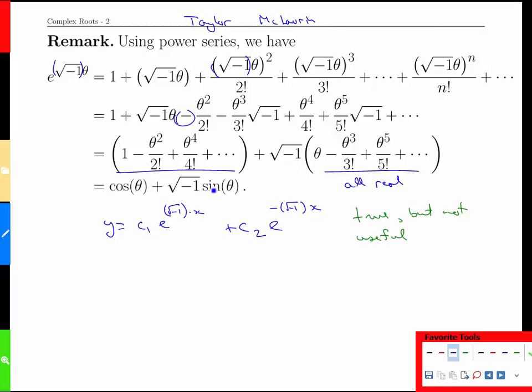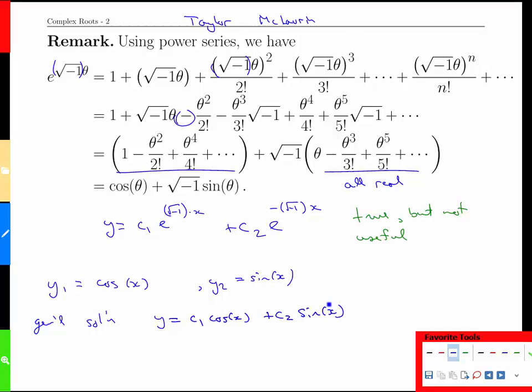Well, if we have a linear combination of two exponentials, it shouldn't come as a huge surprise that we could build our two solutions as, say, the cosine of x, and the second solution being sine of x, with the general solution together being y equals c1 cos of x plus c2 sine of x. Because all we're doing is exchanging the two nasty looking functions that we started with for two new linearly independent functions.